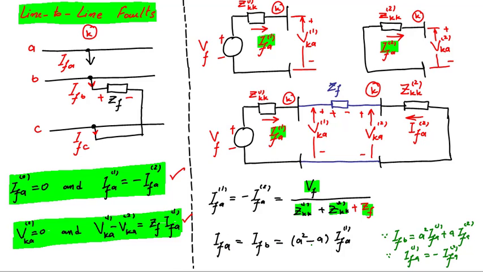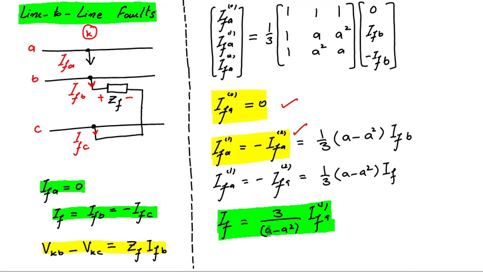Another formula that I mentioned to calculate the fault current was IF equal to 3 by A minus A square into IFA positive sequence. Remember, these two terms are equal: A square minus A is equal to 3 by A minus A square.